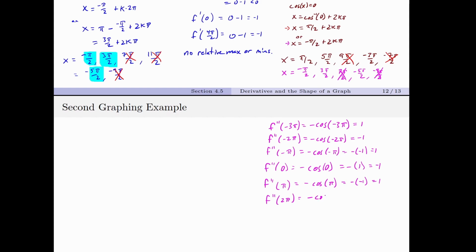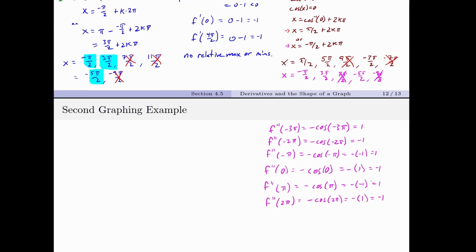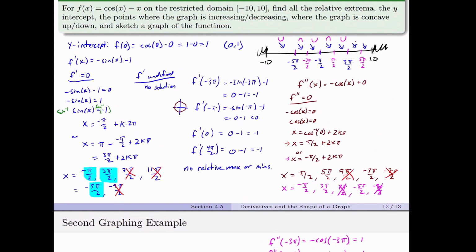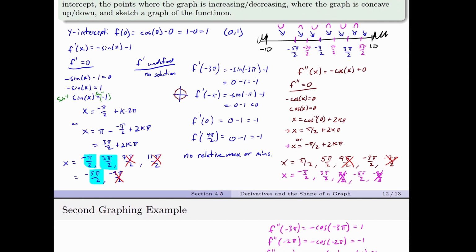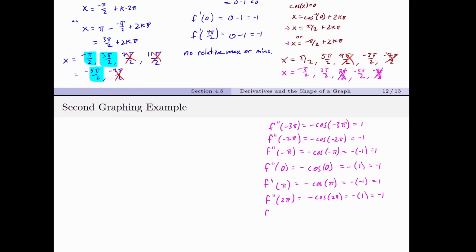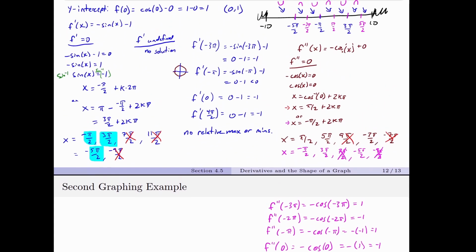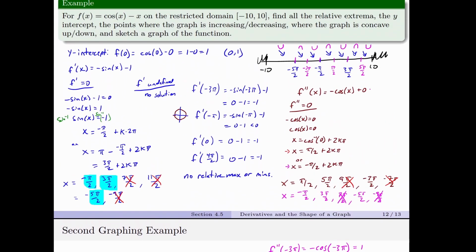So the opposite of cosine of 2 pi is the opposite of positive 1, which is negative 1. So the function is concave down. And then finally, bigger than 5 pi over 2 would be 6 pi over 2, or 3 pi. So I have the opposite of cosine of 3 pi. Cosine of 3 pi is negative 1. The opposite of negative 1 is positive 1. So the function is concave up.